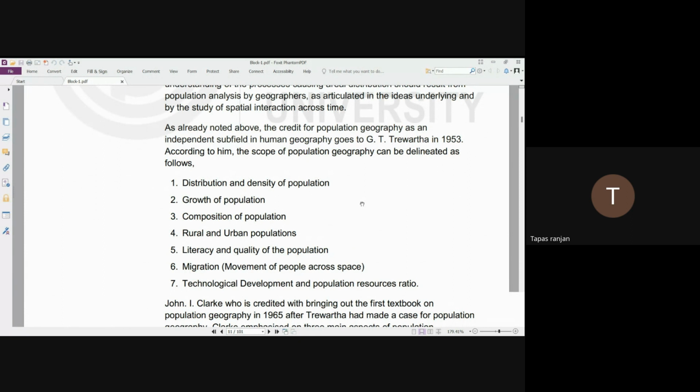So: distribution and density of population, then growth of population, composition of population, rural and urban composition, literacy and quality of population. Then you have migration.